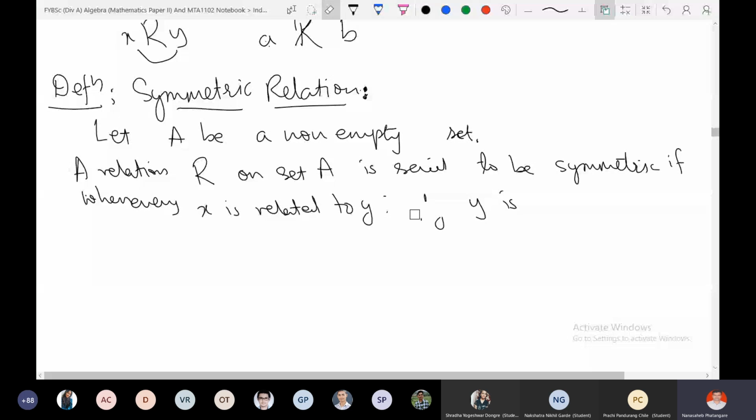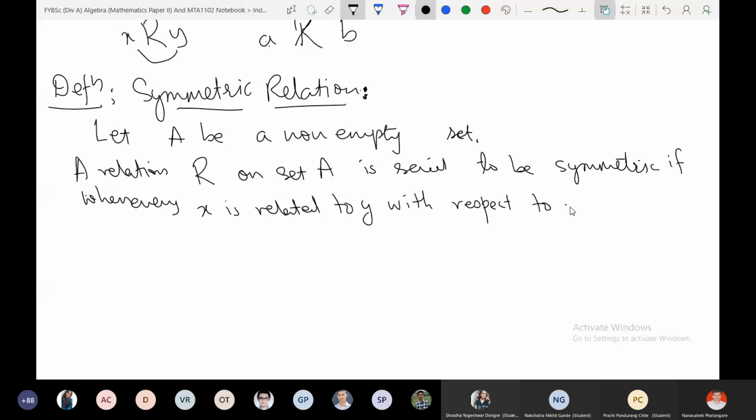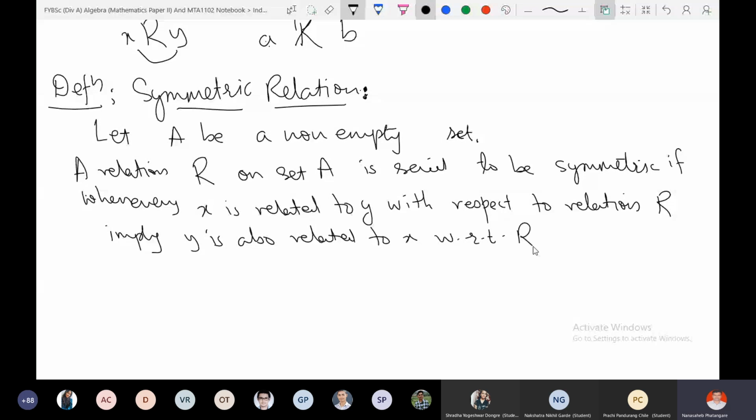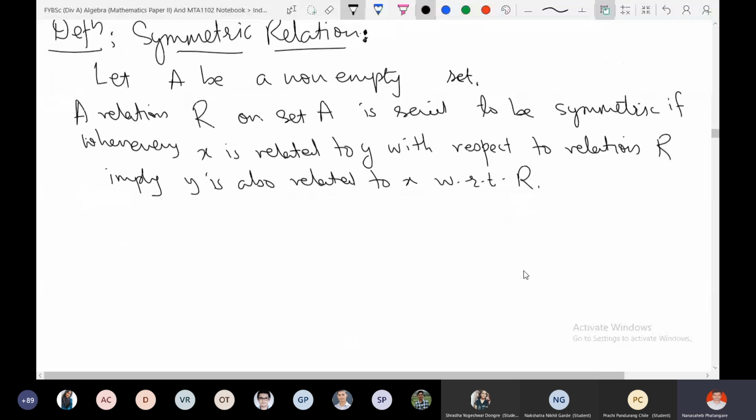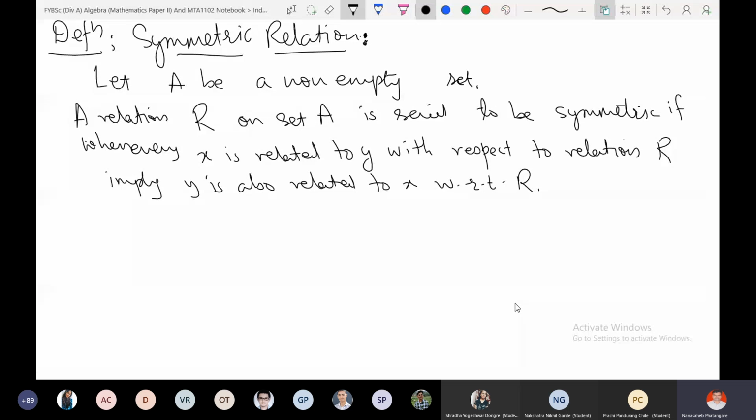If x is related to y with respect to relation R, then y is also related to x with respect to relation R. So whenever x is related to y, then y is also related to x. Then the relation is symmetric.